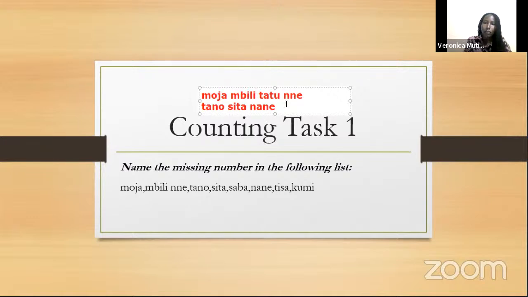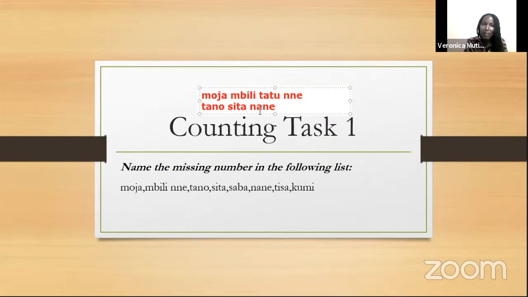Okay, so we still continue with you, Shannon. So between 5 and 8, which number is missing? Moja mbili tatu nne tano sita. We have tano, sita, nane.